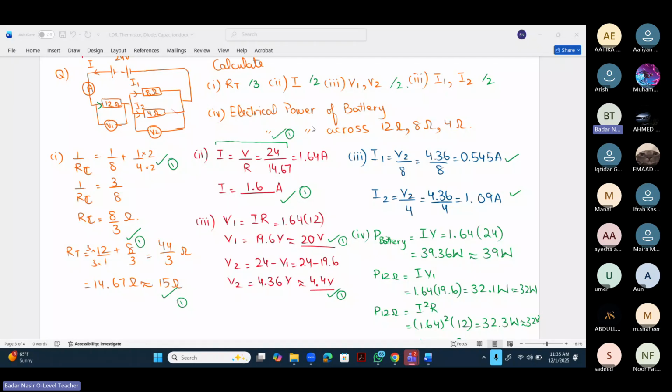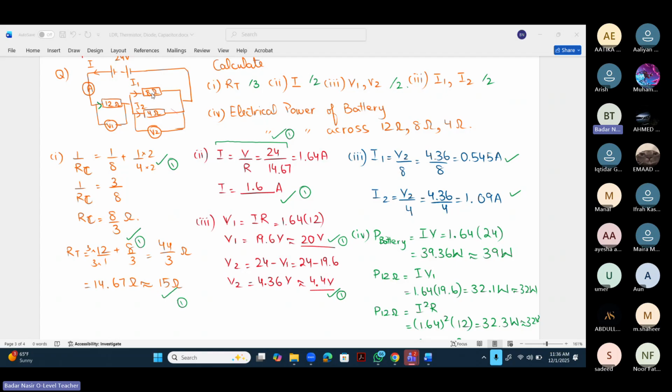In parallel, the voltage remains the same. So the 8 ohm and the 4 ohm resistors will get the same voltage, that is V2, and that is 4.4 volts. So if you know how much voltage the 8 ohm resistor gets, that is 4.4, you can calculate the current using the formula I equals V over R.